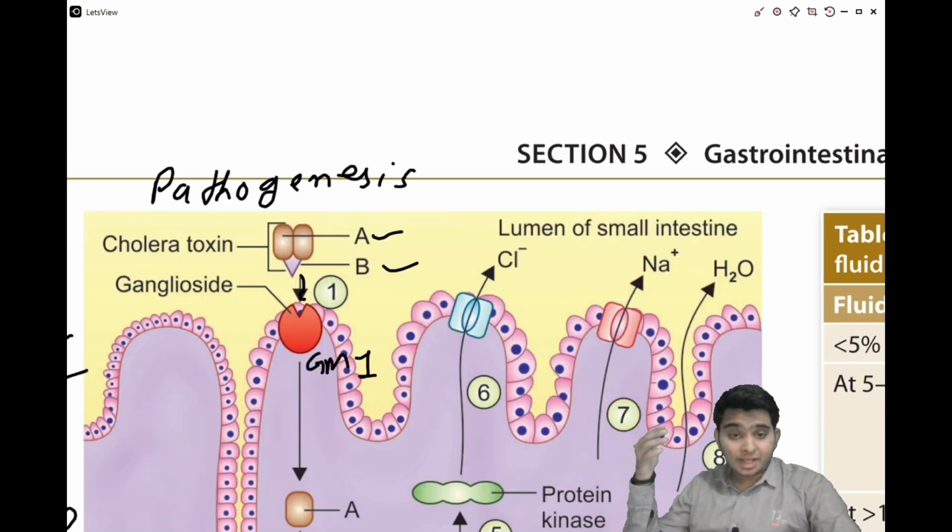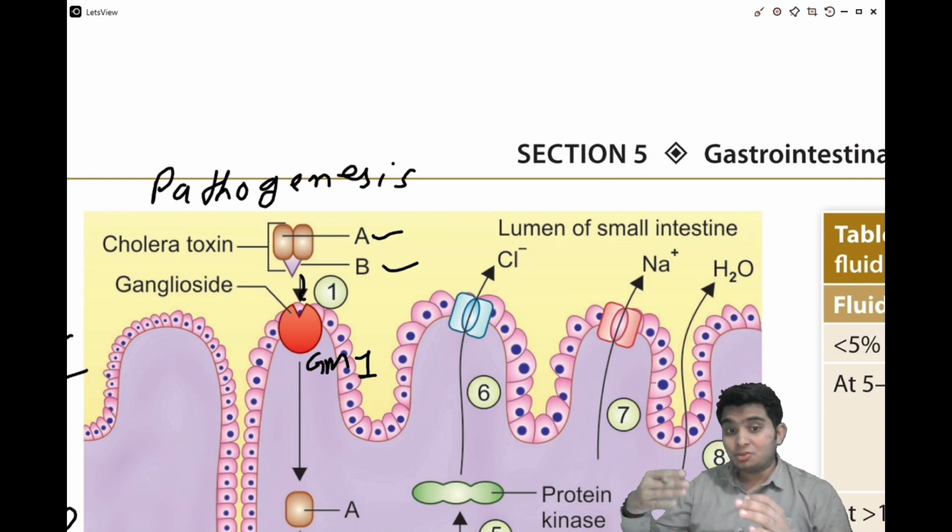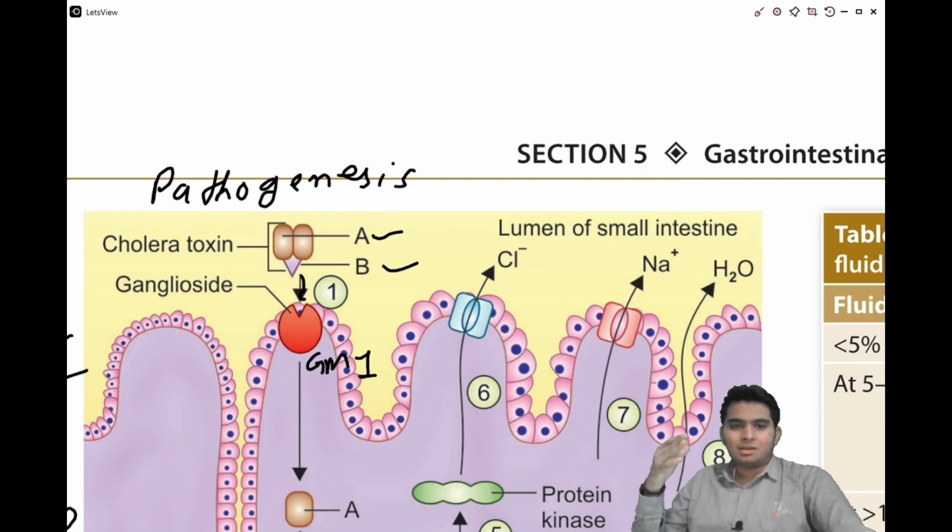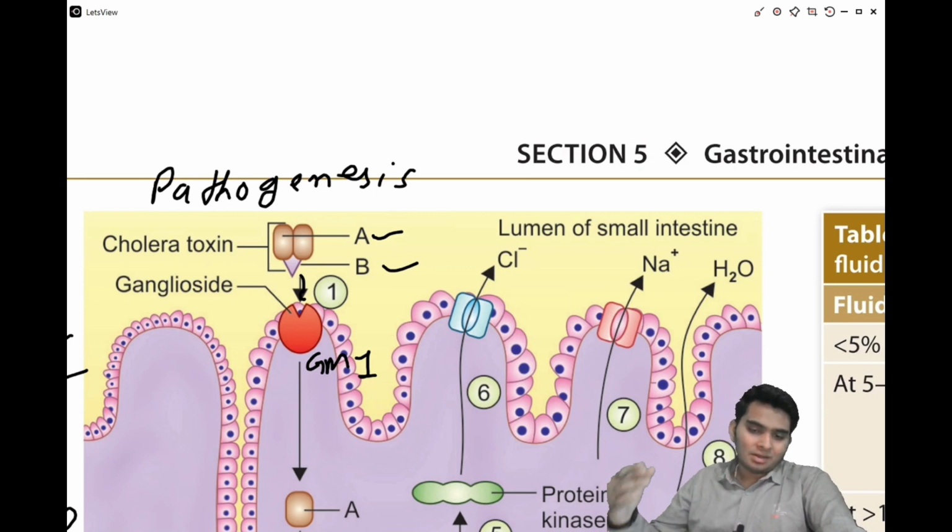The role of cyclic AMP is to accumulate sodium chloride in the intestinal lumen, by inhibiting the absorptive sodium transport system in villus cells and activating the secretory chloride system in the crypt cells. So it basically accumulates the sodium chloride in the lumen.